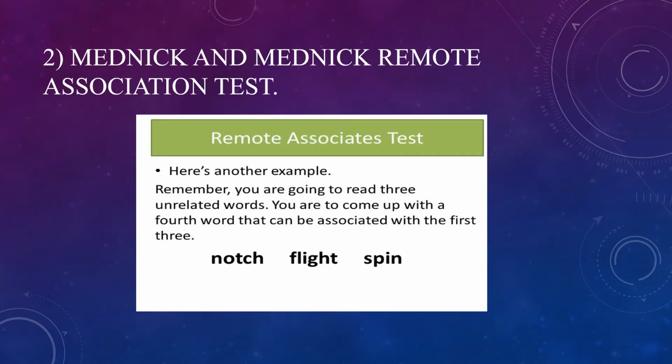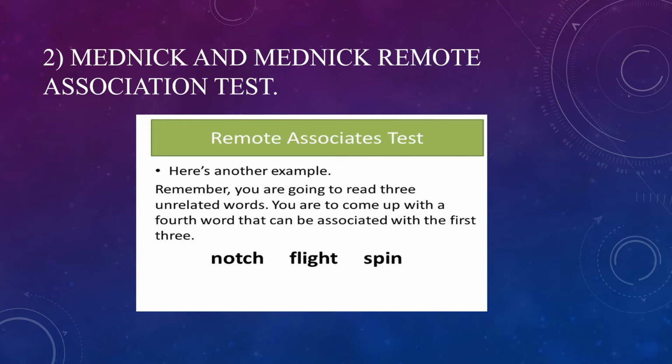The next test we are going to talk about is the Mednick and Mednick Remote Association Test. So what is this test? We can see an example here. Remember, you are going to read three unrelated words. You are to come up with a fourth word that can be associated with the first three. For example, notch, flight, spin. You can use words like height, bird, something like that.